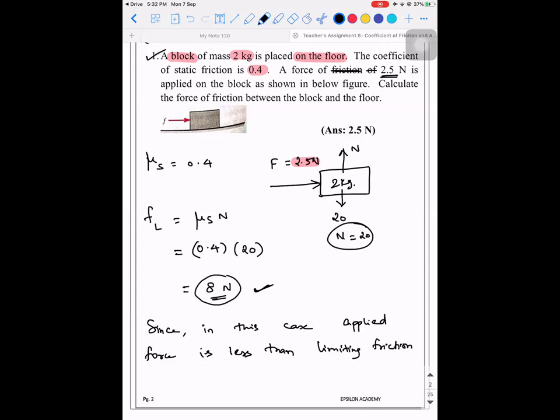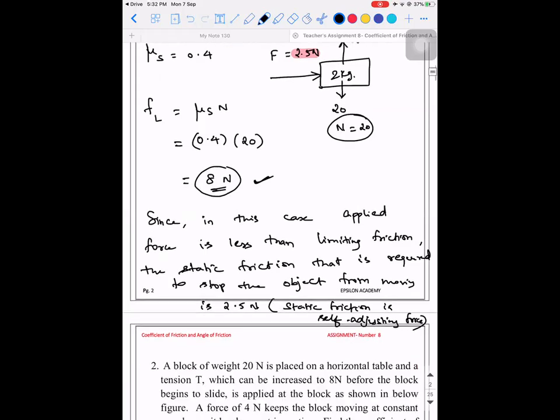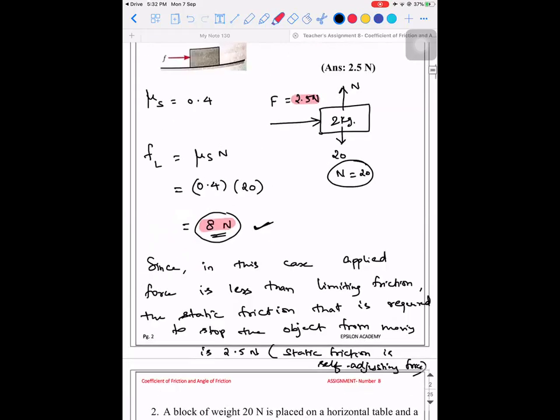The static friction that comes into play, or the static friction that is required to stop the object from moving, is 2.5 Newton, because static friction is self-adjusting. So it's a self-adjusting force, and that is the reason why in this case you are not supposed to write the answer as 8 Newton, rather you need to write the answer as 2.5 Newton.